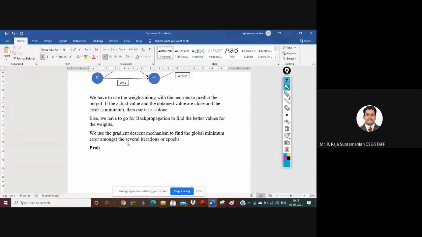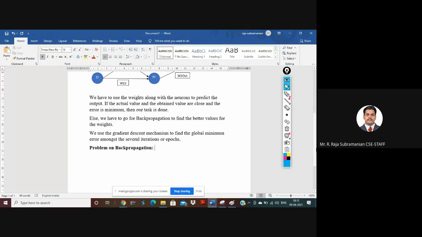Now let us go to a mathematical problem. We can use a particular problem to identify how to calculate those weights, how to use back propagation, and how to use gradient descent. Everything we are going to see using a mathematical model. Problem on back propagation.